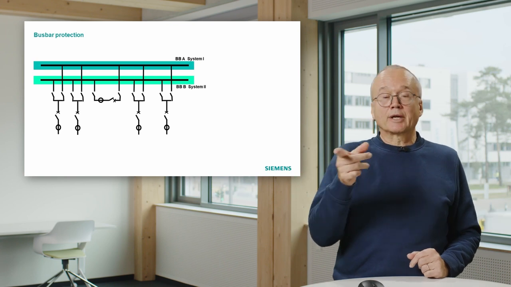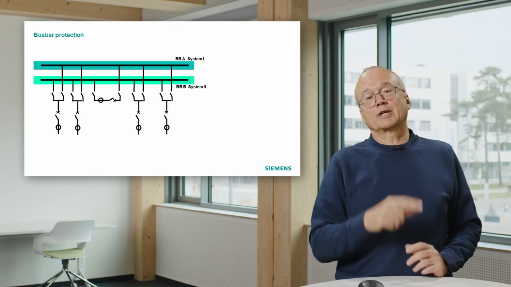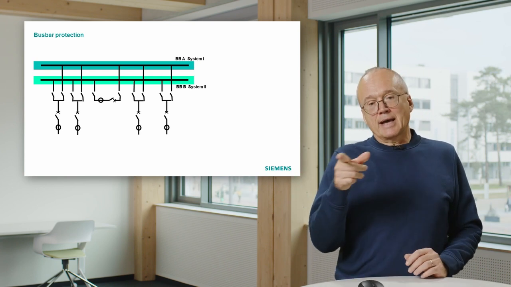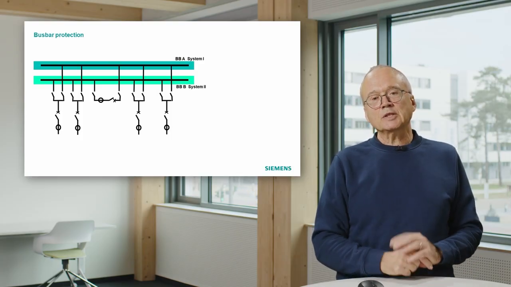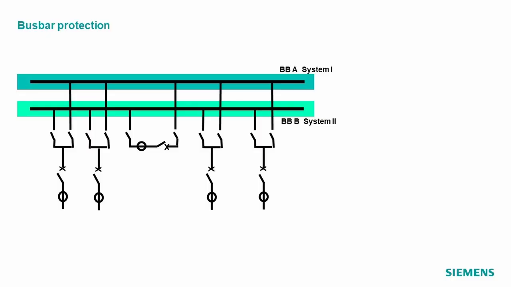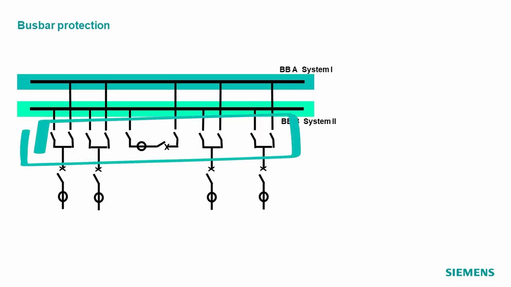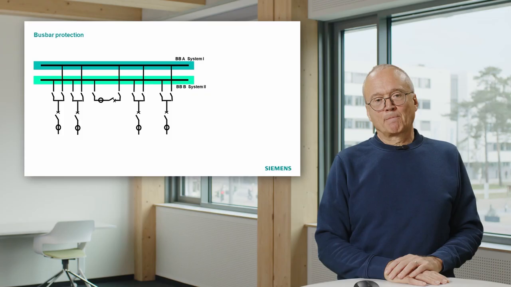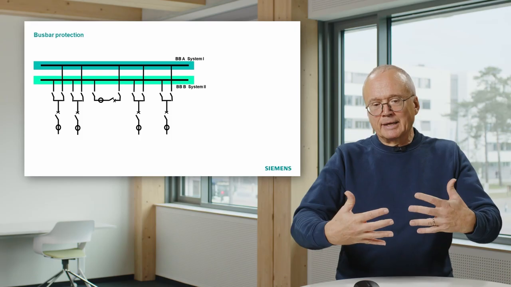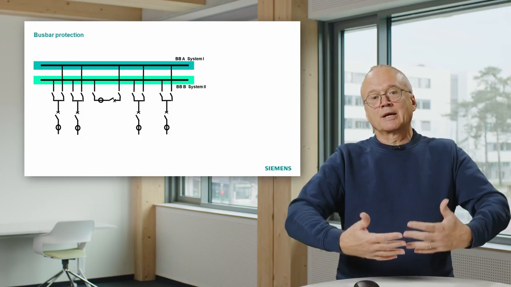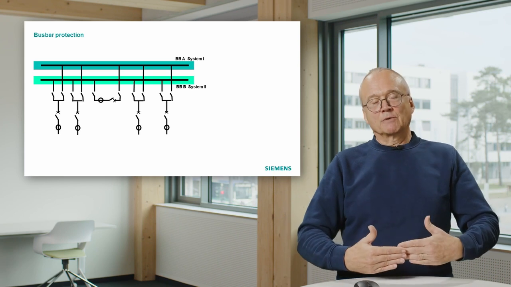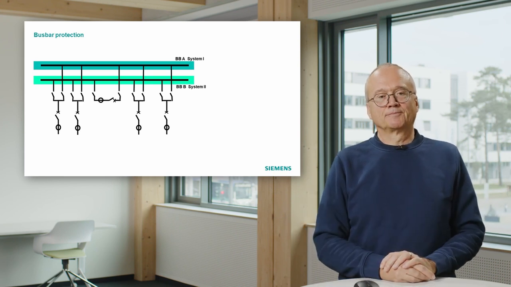That means we want to calculate the differential current for busbar A and the differential current for busbar B separately. And to do that in a proper way, we must take into account the position of all these disconnectors here. That means we must combine the topology information, position of disconnector, with the measurement to apply the principle.